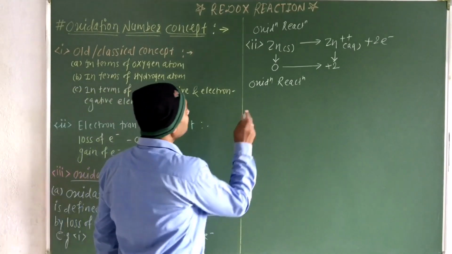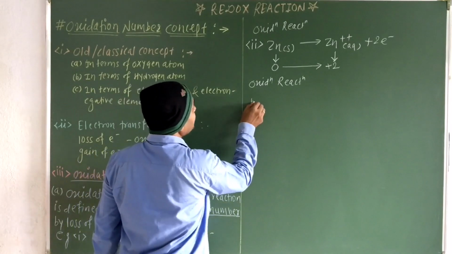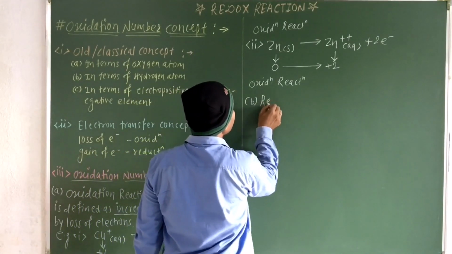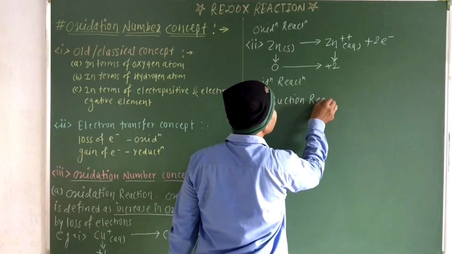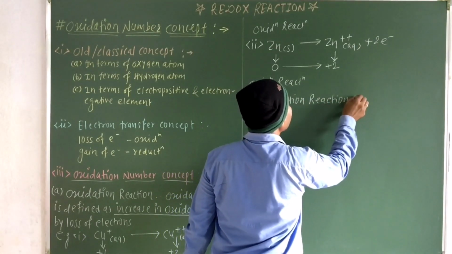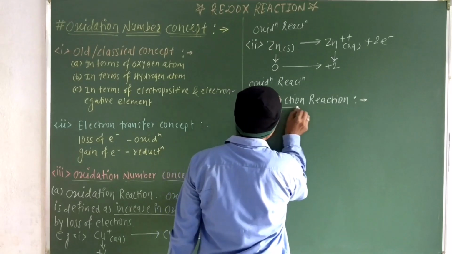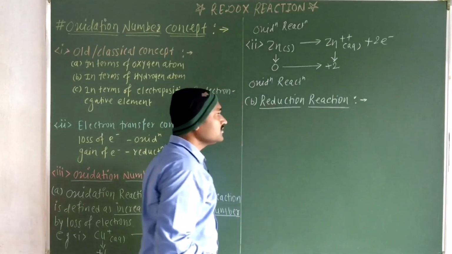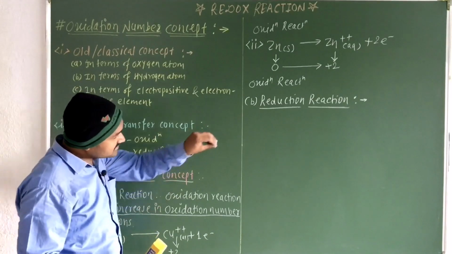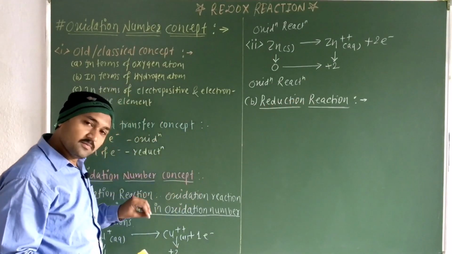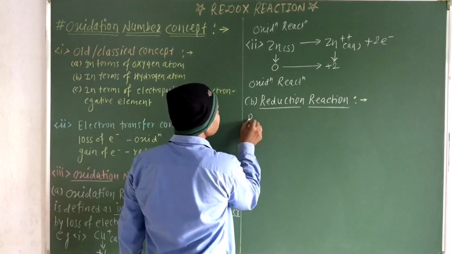Okay, now let us define the second one, that is B, reduction reaction. Now what about the reduction reaction? After studying all the previous concepts, you know that reduction is exactly opposite to the oxidation reaction.